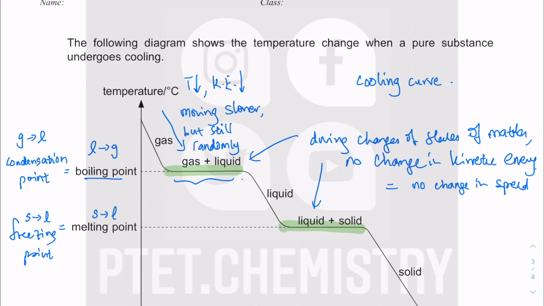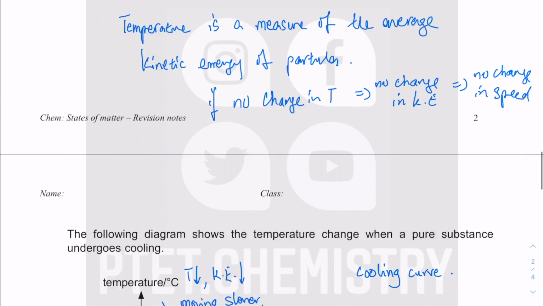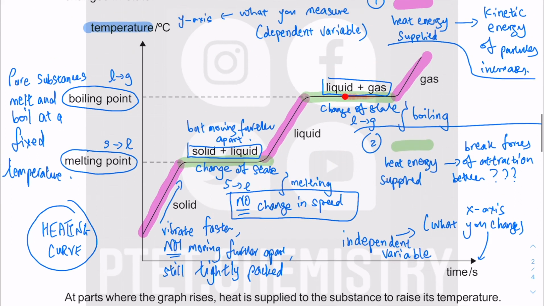So what happens there is it will release energy. Previously, when we talked about the heating curve, because the heating curve was to do with boiling, we needed energy to break the forces of attraction between the liquid particles. Because we are doing liquid to gas, we need to prevent the liquid from being attracted toward each other. We need to make them far apart for it to become gas. We need energy to do this.